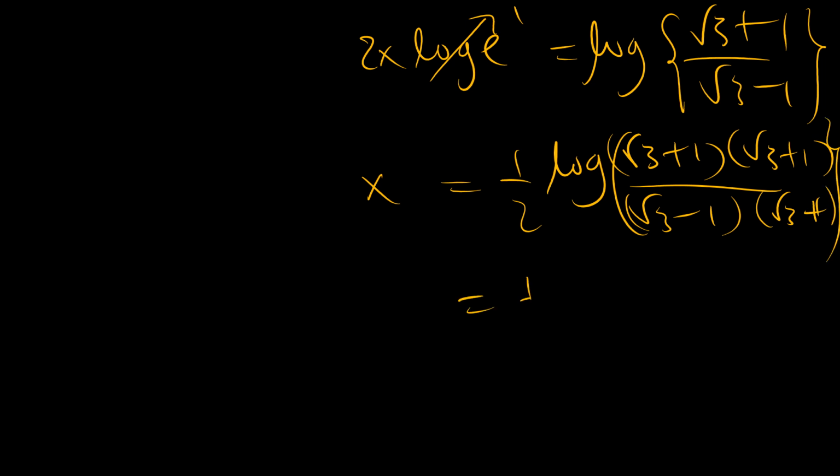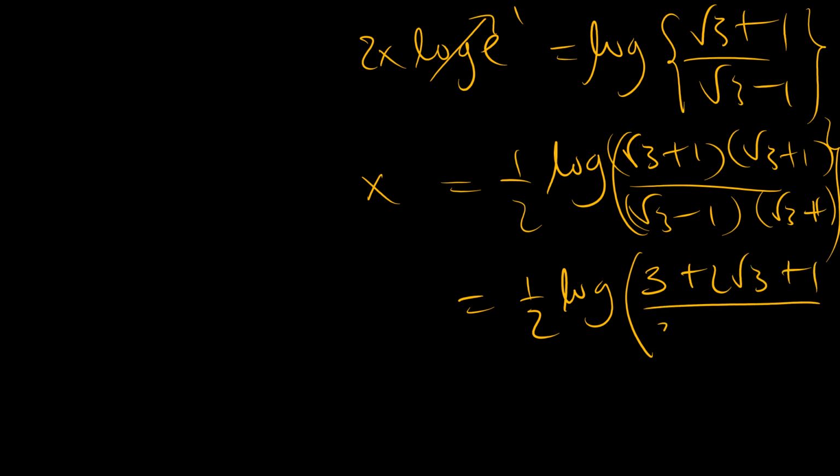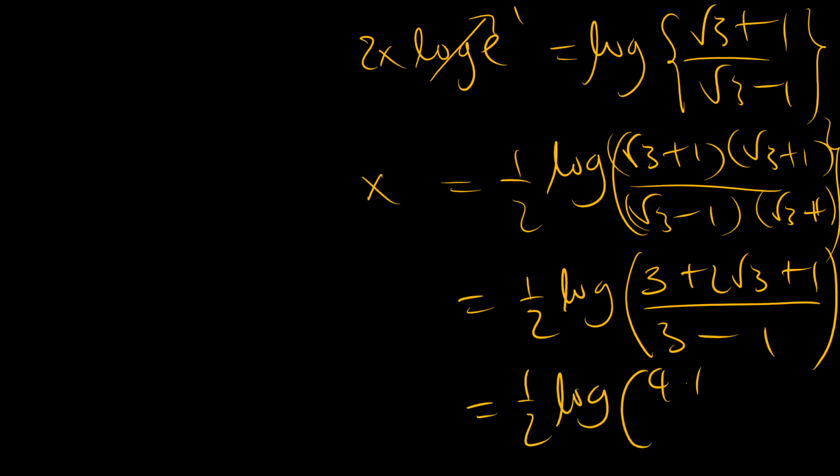So this becomes a half natural logarithm of 3 plus 2 root 3 plus 1 over 3 minus 1, which is a half natural logarithm of 4 plus 2 root 3 over 2, which is 2 plus root 3.